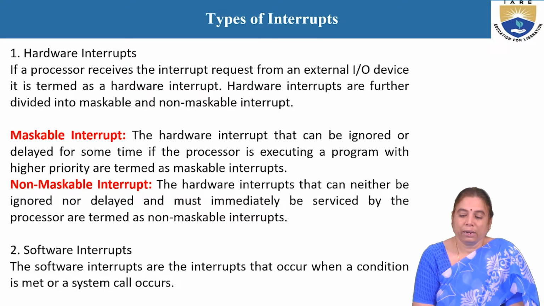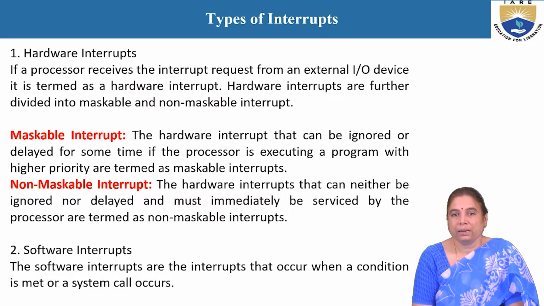What does maskable interrupt mean? Whenever this interrupt is received by the CPU, the CPU can ignore this maskable interrupt and continue executing the current task. In case of a non-maskable interrupt, the CPU should not ignore it. It has to forcibly execute the interrupt, it has to be serviced first, and higher priority is given to it.